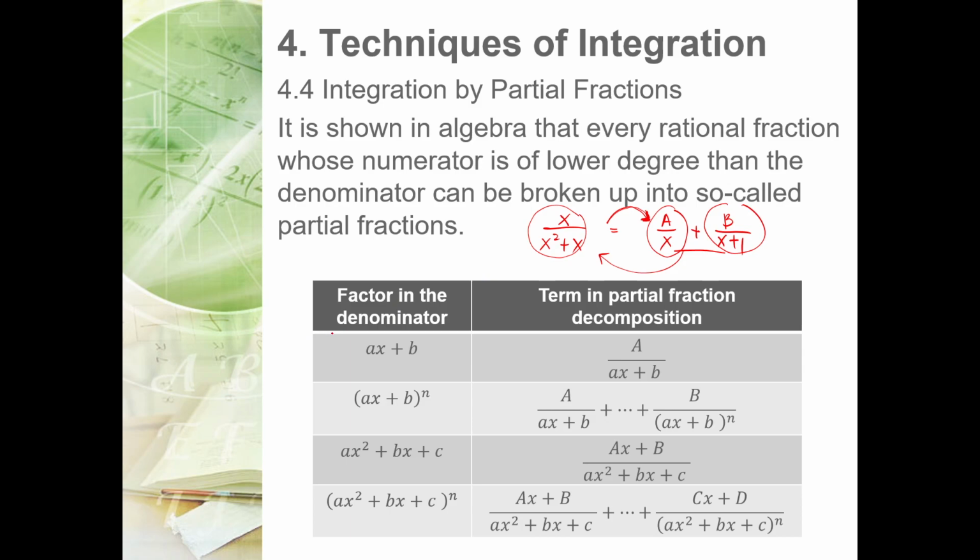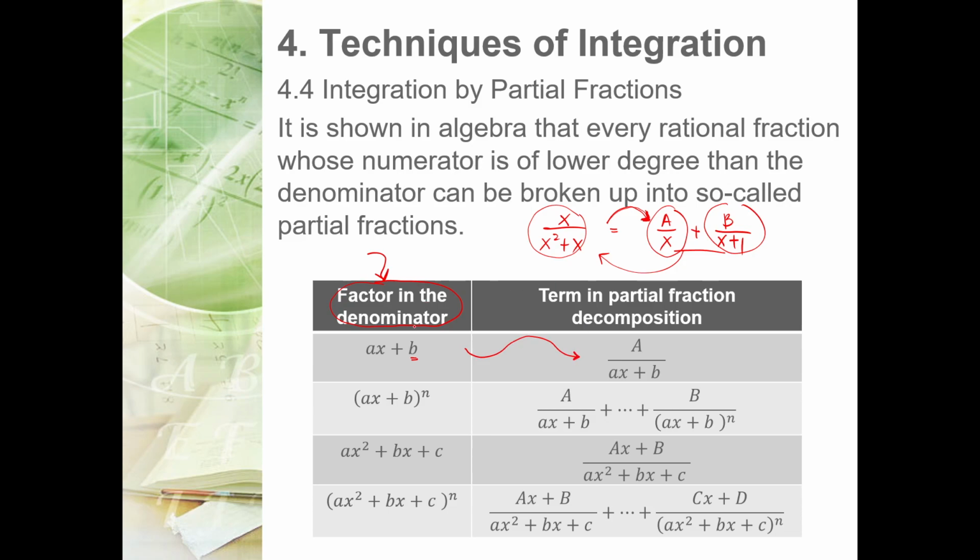So we're going to have four different cases, so what we need to do here is observe the factor in the denominator. So if the form of the term in the denominator is ax plus b, b being the constant term, then the corresponding partial fraction decomposition is A over ax plus b.